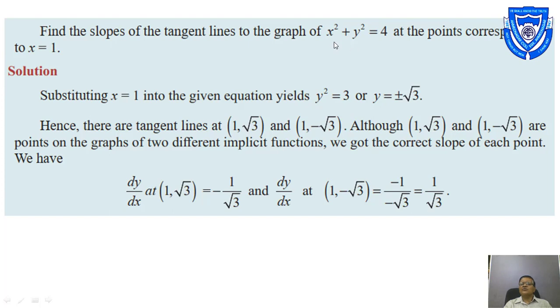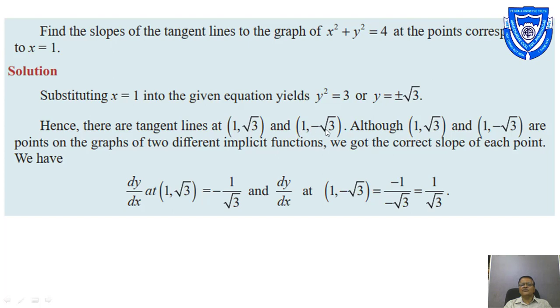We get y square is equal to 4 minus 1, 3, and therefore y is equal to plus or minus root 3. So (1, root 3) and (1, minus root 3) are 2 points on the circle whose x coordinate is 1.